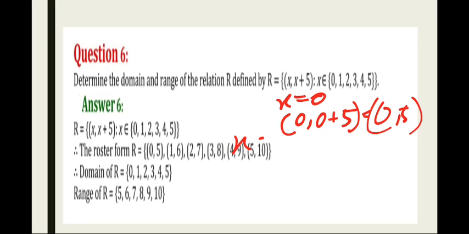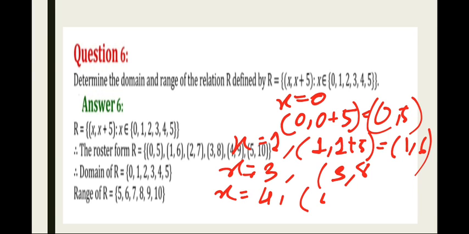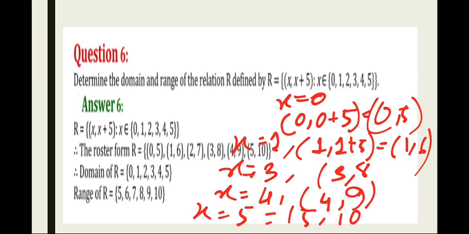When x equals 1, the ordered pair will be 1, 1 plus 5, that is 1, 6. In this way, when x equals 3, the ordered pair will be 3, 8. For x equal to 4, it will be 4, 9. When x equals 5, it will be 5, 10.